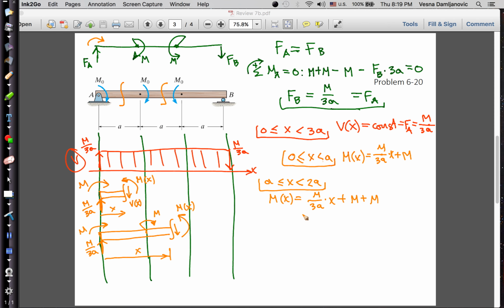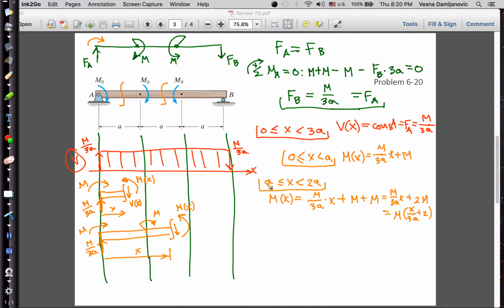So that equation, I'm just going to rewrite it, is M over 3A X plus 2M. You can pull out M's, but you're not gaining much. Or you can write it as M times X over 3A plus 2. So when you substitute X, you'll just get a coefficient and multiply, either way.